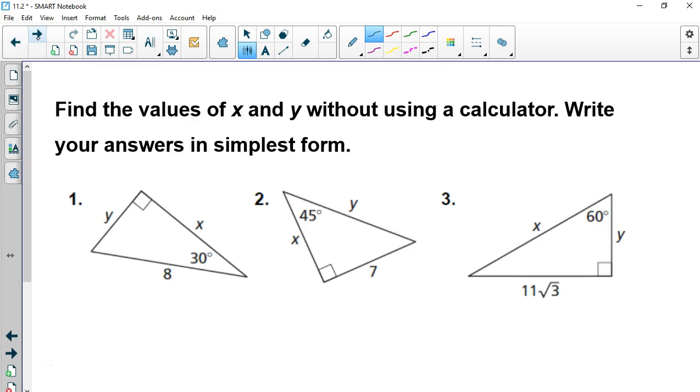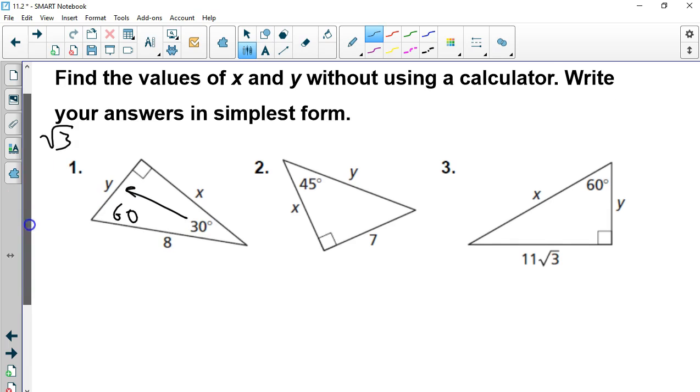All right, a little bit of review. Find the values of x and y without using a calculator. Okay, so this is a 30, 60, 90 triangle. Good concept to remember. 30, 60, 90, remember our magic number is radical 3. So we always want to go to the short side. The short side is opposite the smallest angle, the 30.